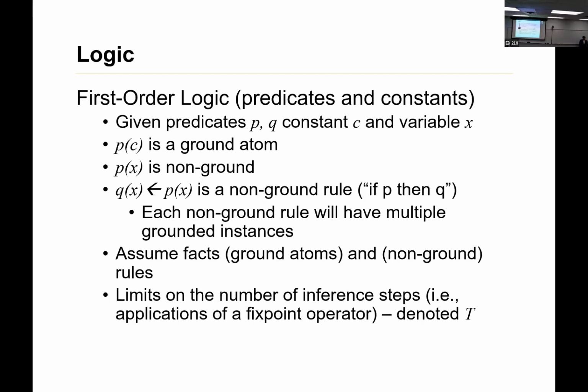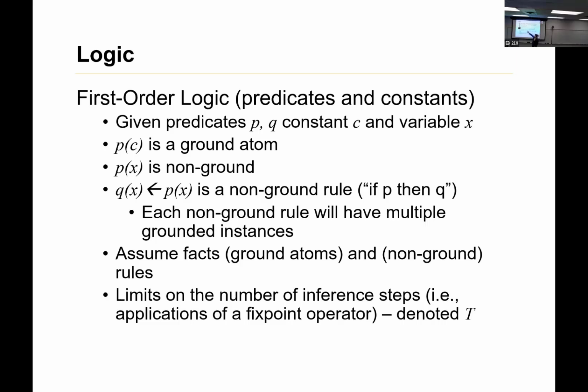All right, so a little bit of background on dILP. What we have here is we're assuming a first order logic, and we have predicates. We have a set of constants, and we have a set of variable symbols. An atom formed with predicates and constants is ground, with variable symbols is non-ground.